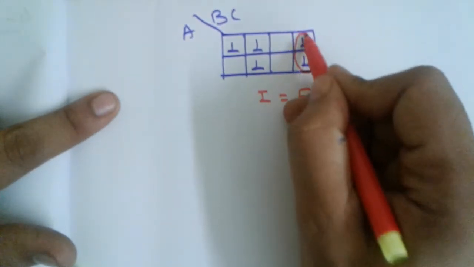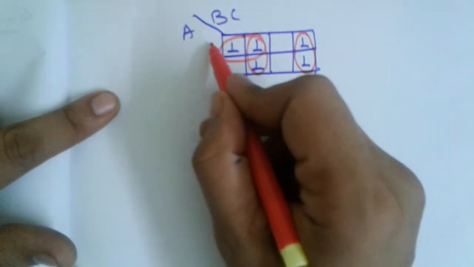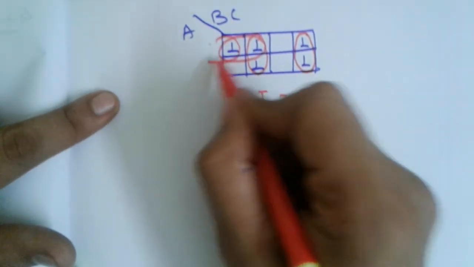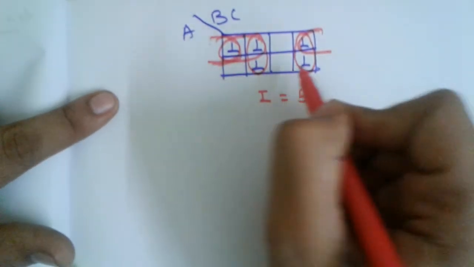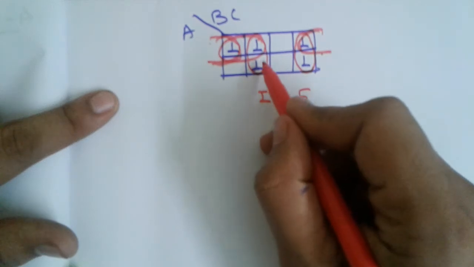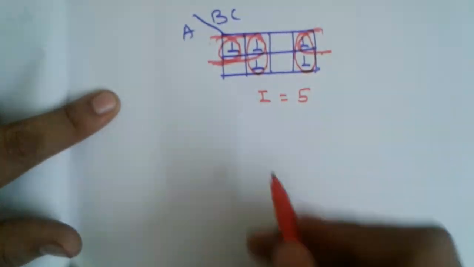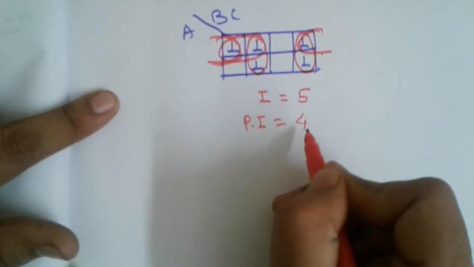So here one group, and here one group, and here one group, and one more here. So the prime implicants are 1, 2, 3, 4. So for this equation the prime implicants will be 4.